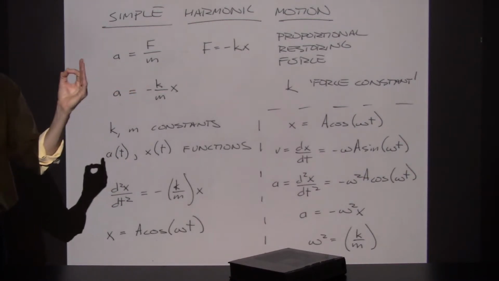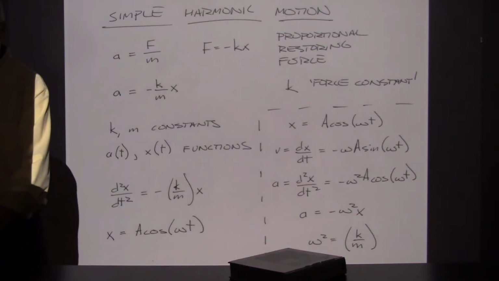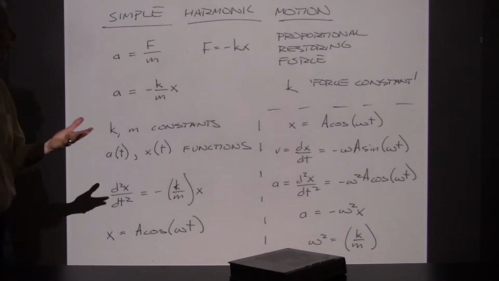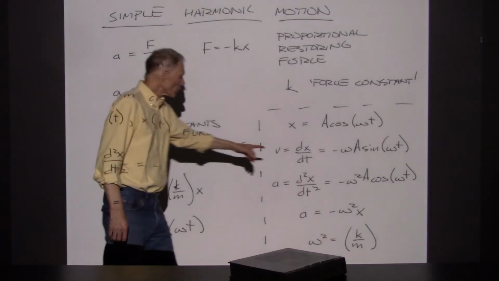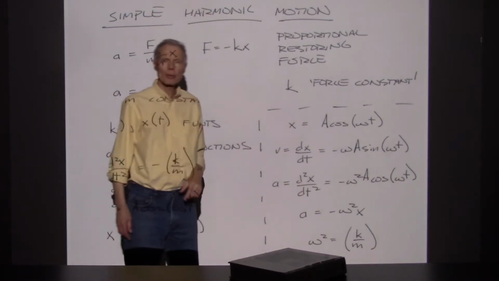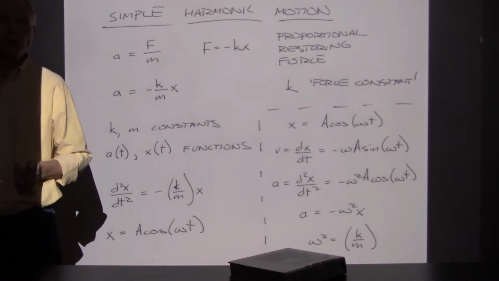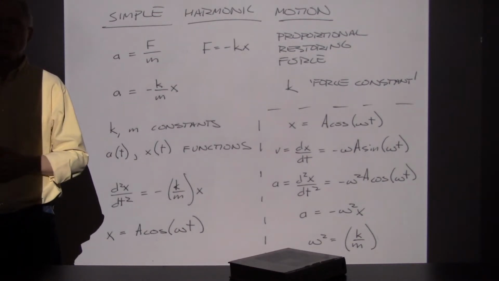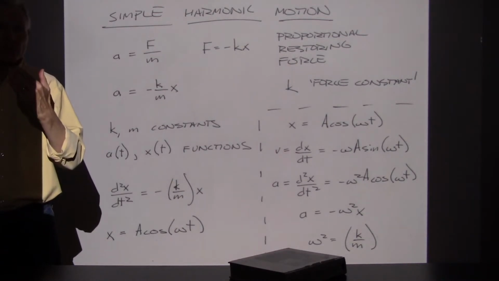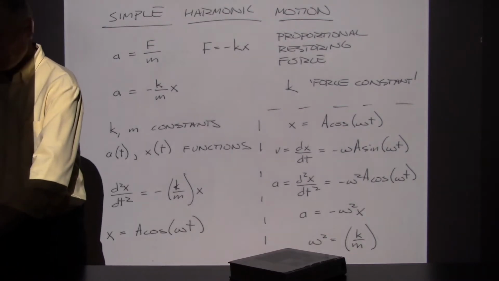As you oscillate back and forth, omega is the rate, the frequency at which those oscillations occur. And by looking at the formulas, we know how to determine what the frequency will be. If the k value is large, if it's a very stiff spring, that makes the frequency faster. If there's a lot of mass, that slows the oscillations down.